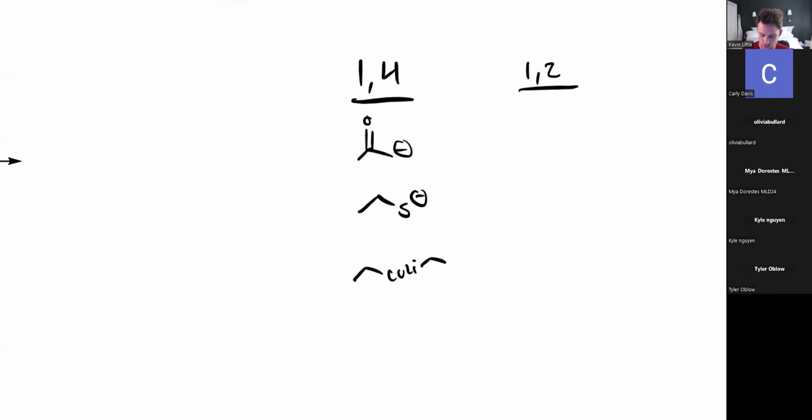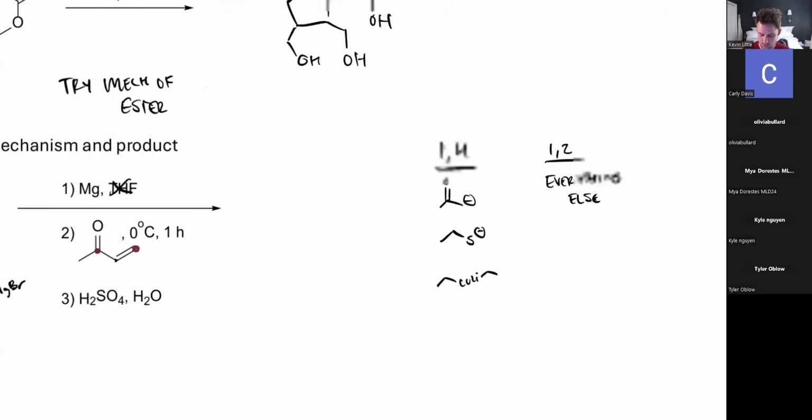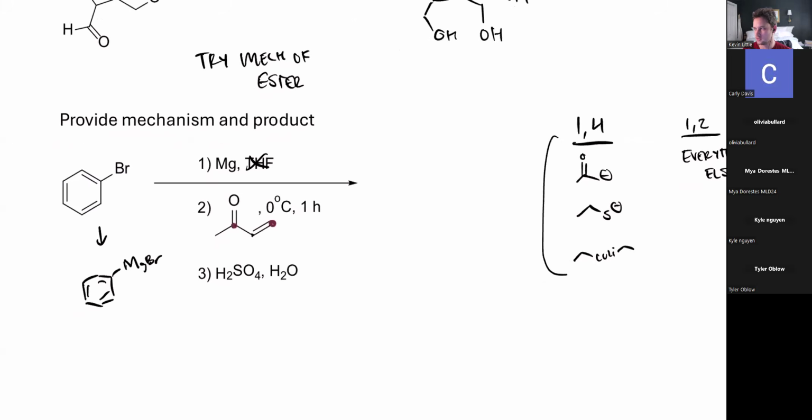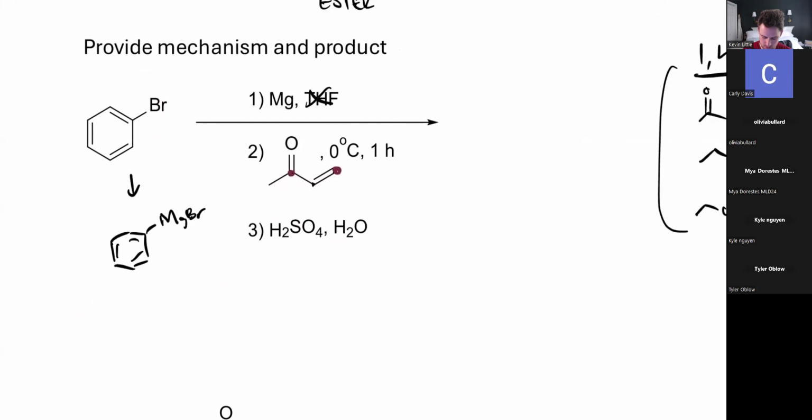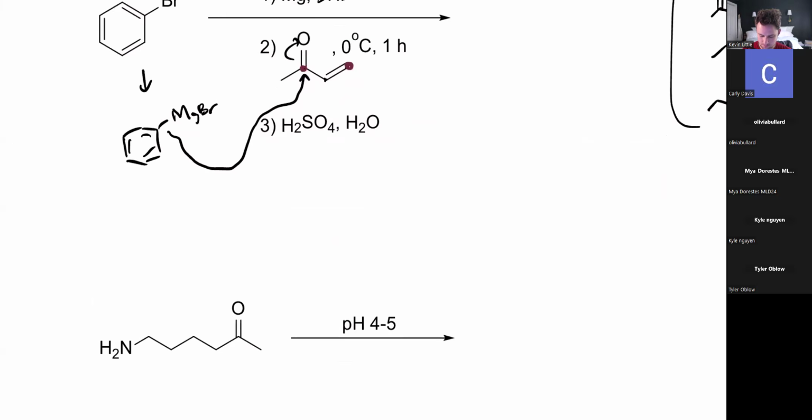And then 1,2 additions is basically everything else. So in this case, it's not one of the three big picture 1,4 additions. So it's a pretty good guess that this is going to be a 1,2 addition. It's going to add into the carbonyl directly.